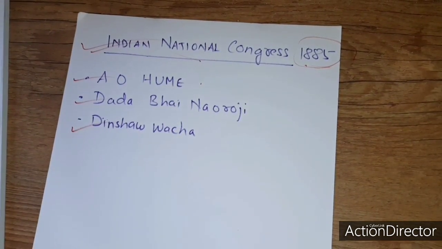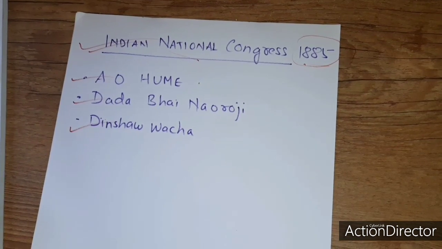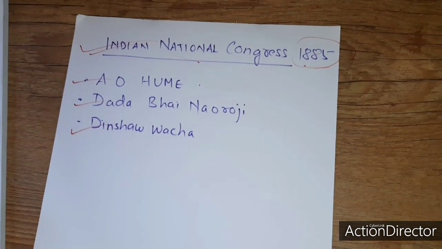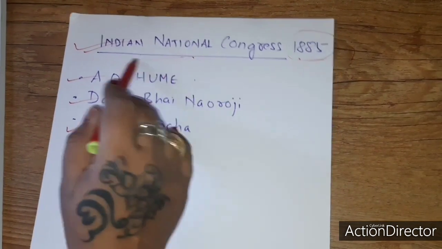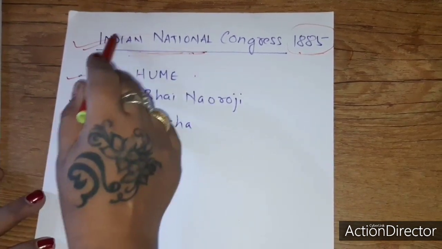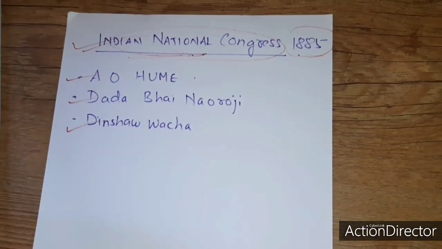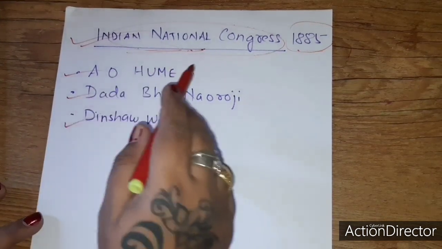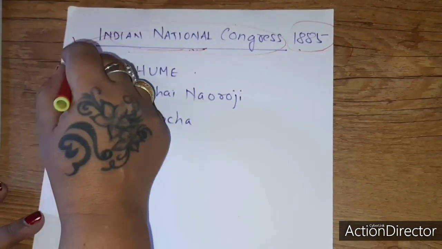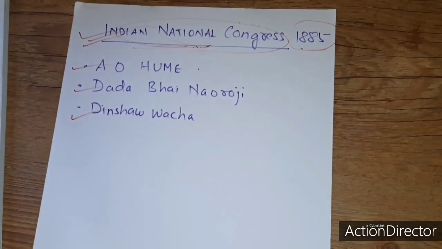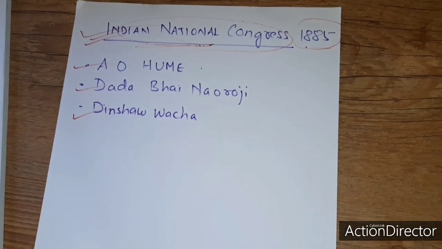The Indian National Congress initially acted as a platform for Indians to raise their grievances to the British. This Indian National Congress was formed to tell the British that we are having our problems. Grievance means problem.